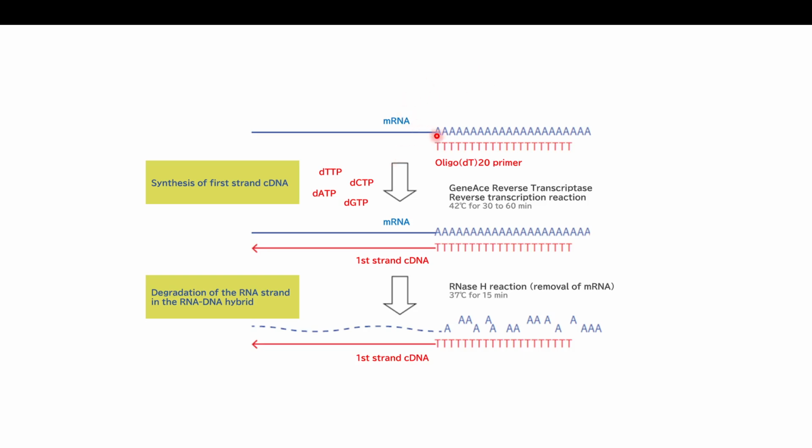So now you have the mRNA, which usually has a poly A tail. Now a complementary oligo dT primer, containing thymine residues, around 20 nucleotides long, is synthesized, and this binds to the poly A tail.